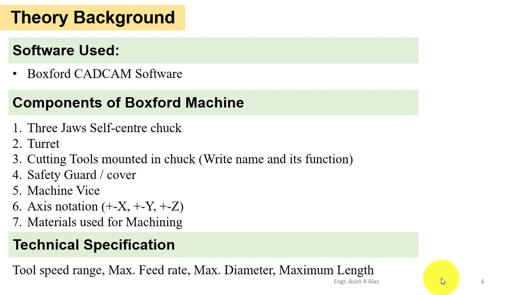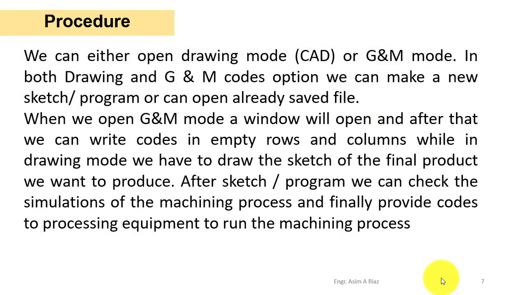And the parts or components are also mentioned in this slide. Technical specification, I have already provided a link in the Google Classroom. You can click on that link and you will see the technical specification of the Boxford CAD/CAM machine.